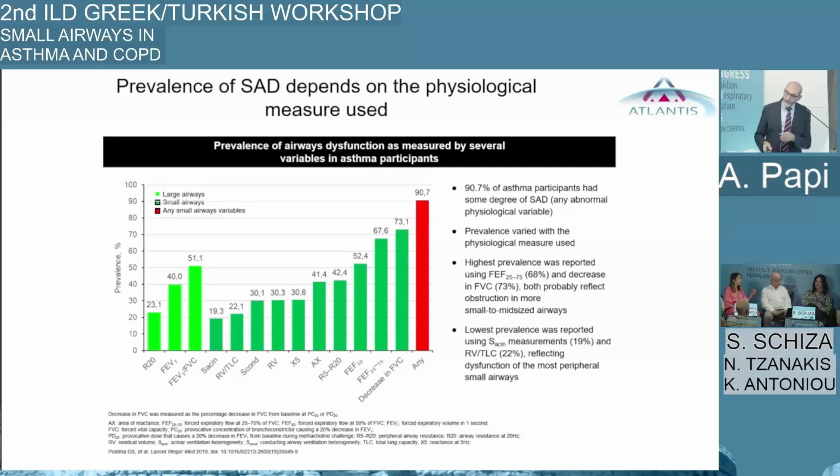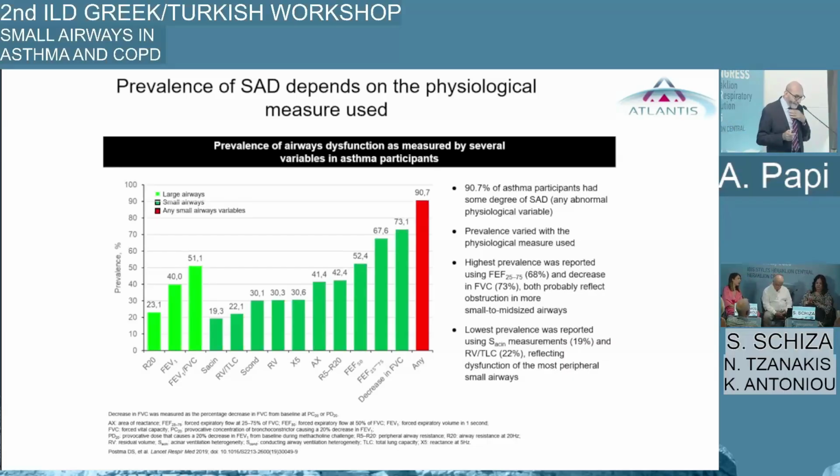Some of the measurements are more specific, particularly those related to nitrogen washout, Sacin and Scond. Some are less sensitive. Look at the functional one, FEF 25-75. We know that it is not the most specific one to identify small airways disease.